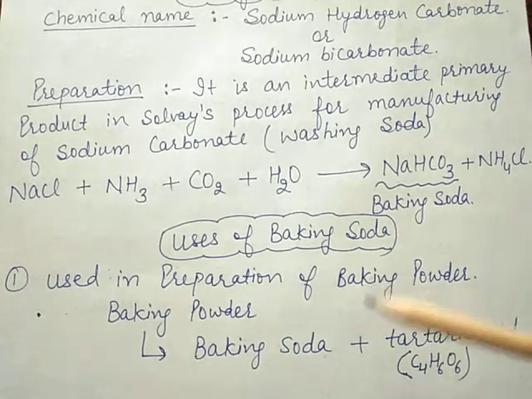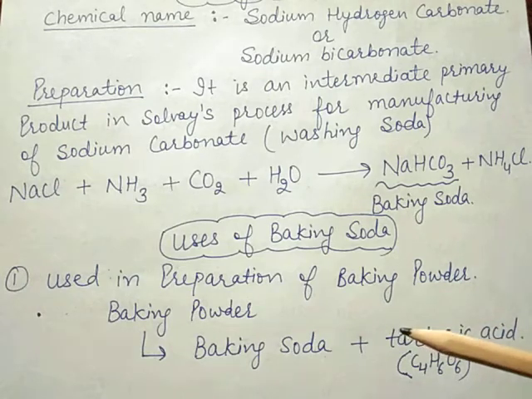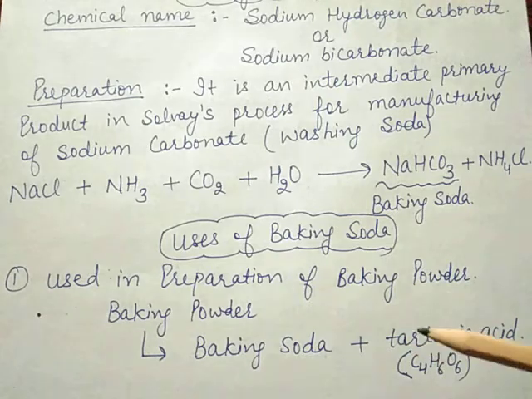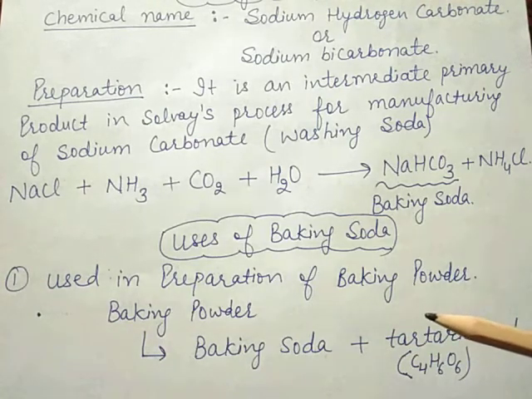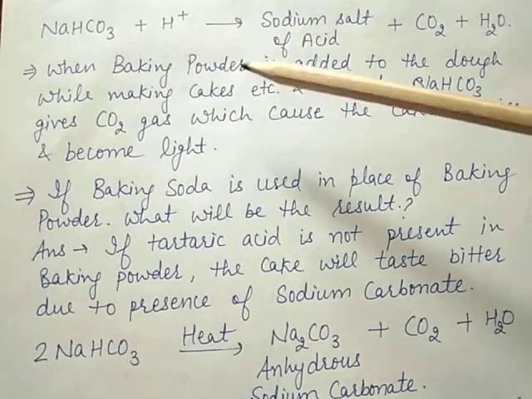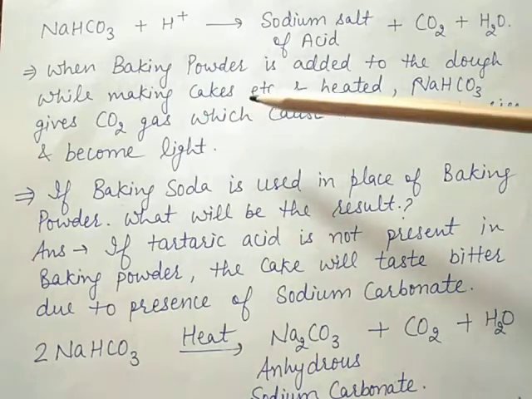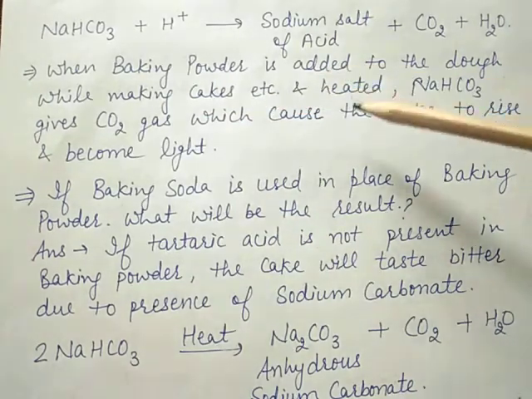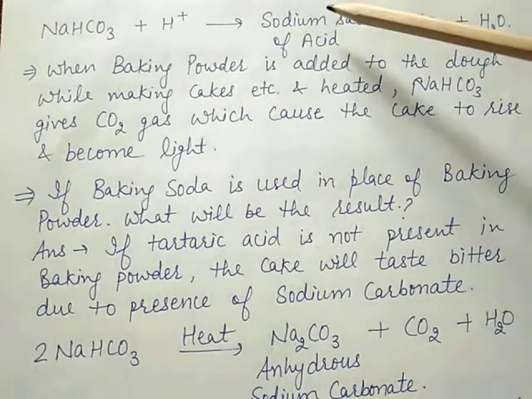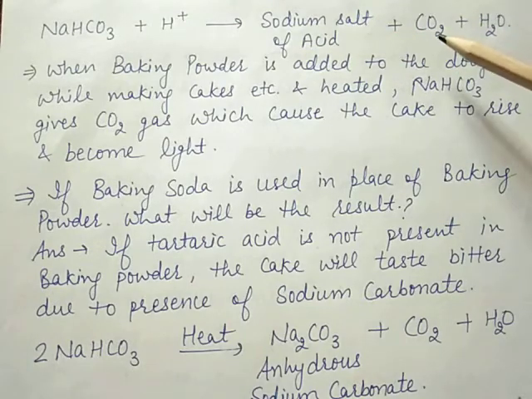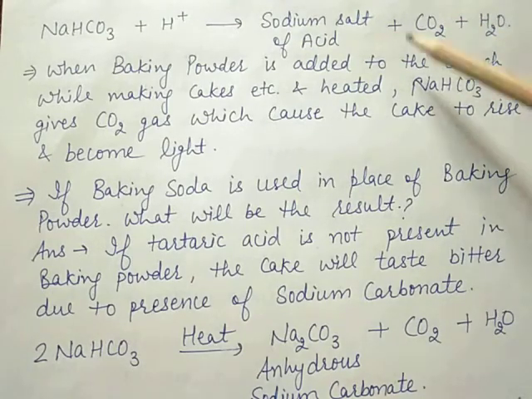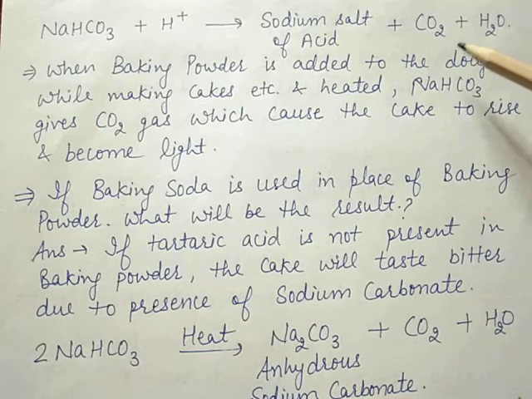Baking powder is added to the dough for making cakes or breads. When the dough is heated, it gives rise to carbon dioxide gas, which causes the cake to rise and become light.